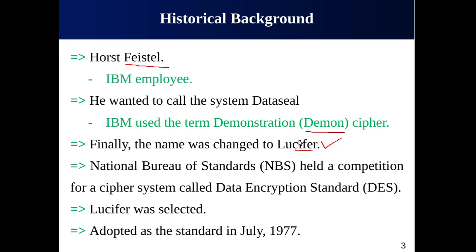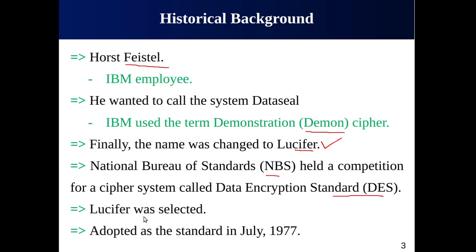Lucifer was used by a bank in London for a cash system in the 1970s. Then after Lucifer, the National Bureau of Standards, as I mentioned, held a competition for a cipher system so that it could meet civilian needs. This system was called the Data Encryption Standard.